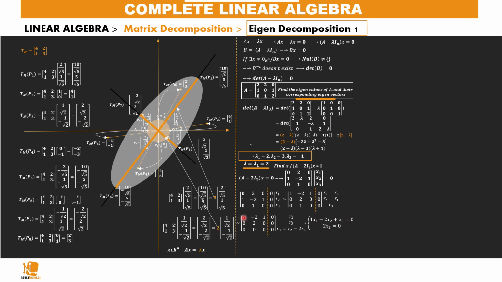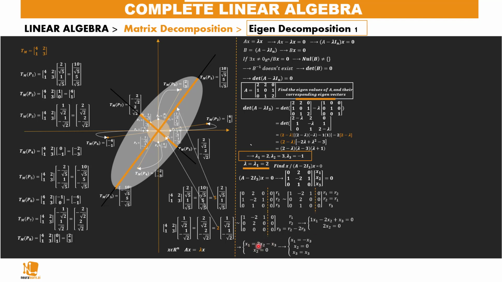Now we have 1x1 minus 2x2 plus x3 equals 0, and here we have 2x2 equals 0. So x1 equals 2x2 minus x3, that's by sending these two terms to the right, and x2 equals 0. Rewriting this, we have x1 equals negative x3, and that's because x2 equals 0, so here this goes away.